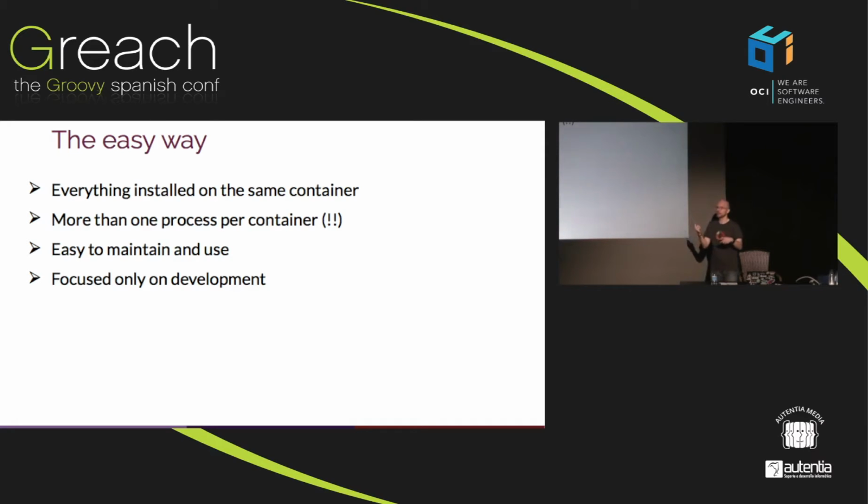If you know about Docker, it is one container, one process. But I don't care. This is for development, and it's good, and I'm going to explain why it's good. So this approach is very simple, very easy to maintain, but it's only for development. We cannot put that on production, or we shouldn't, because it's for development.